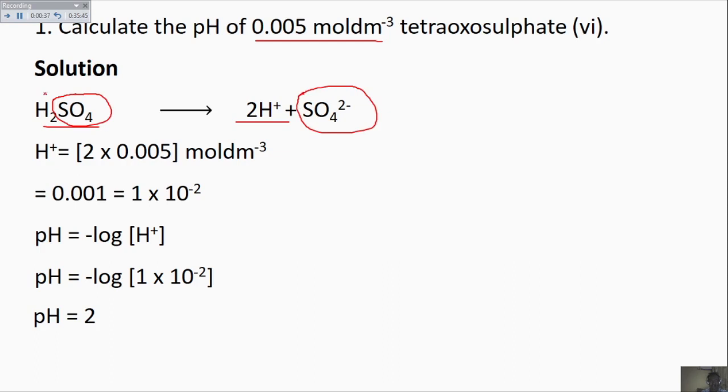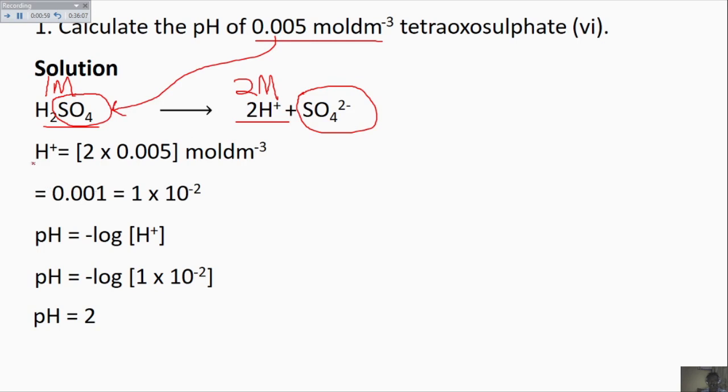And what is the implication? The implication is, according to this, 1 molar of this is equivalent to 2 molar of this, according to this particular equation. Therefore, if 1 is equivalent to this, then 2 will be equivalent to this times 2. That is the meaning.